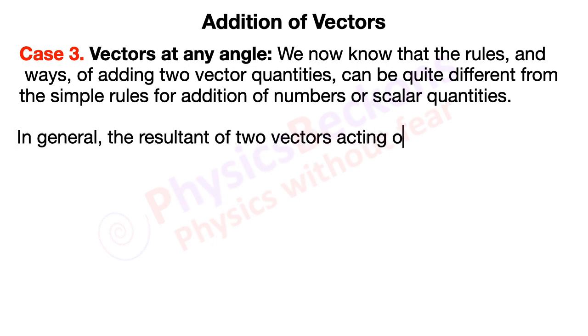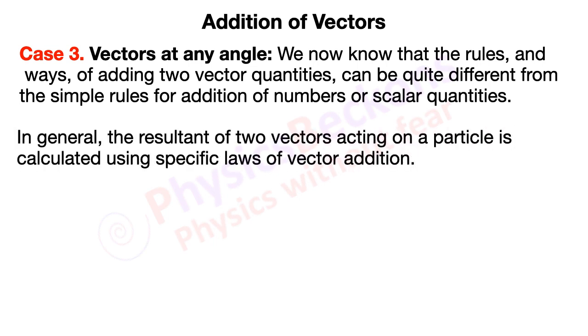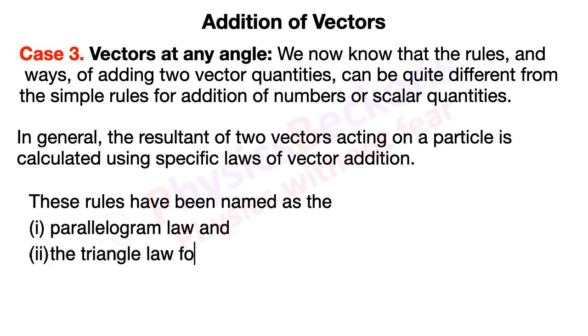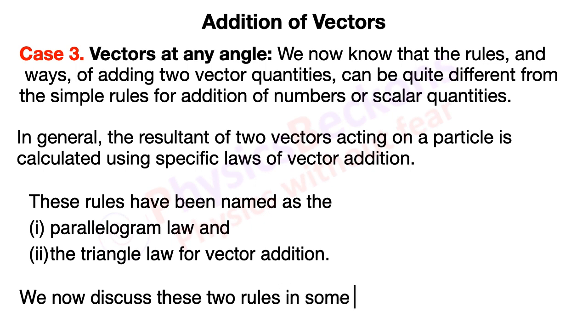In general, the resultant of two vectors acting on a particle is calculated using specific laws of vector addition. There are two rules. We call them parallelogram law of vector addition and triangle law of vector addition. We will discuss these laws one by one in some detail.